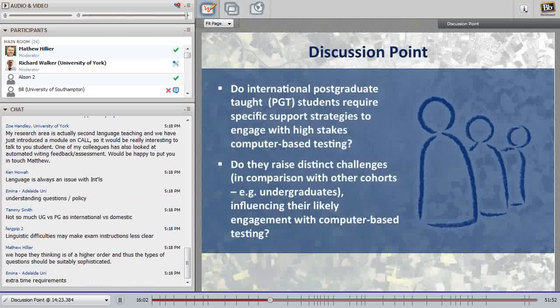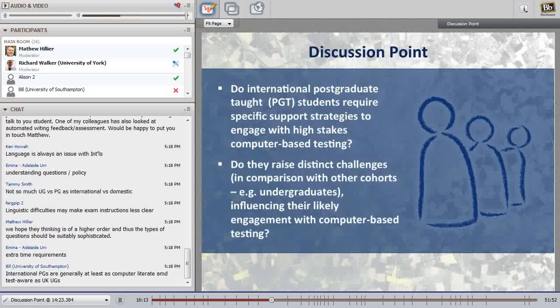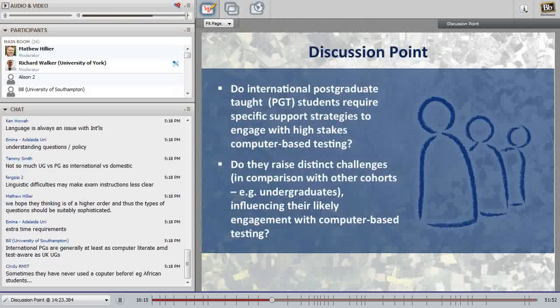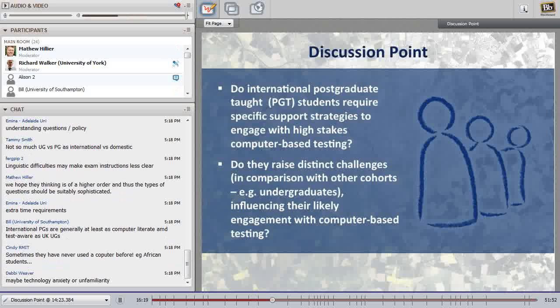While you're doing that, I will speak a little bit about the York context and say that I concur with the ticks there, and obviously that's the premise of the talk here, that we do feel that postgraduates do have specific needs, and from a York perspective, we have faced some particular challenges.